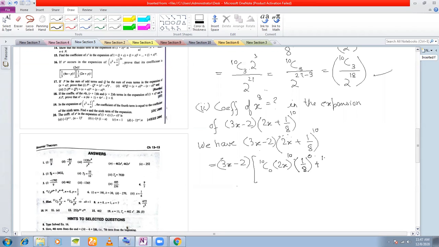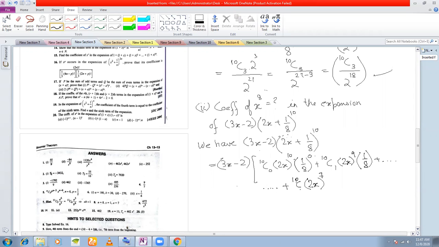In the next term, you get 10C1 (2x)^9 (1/8)^1, and you continue this way until you get (2x)^7.